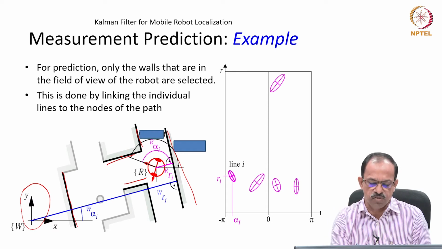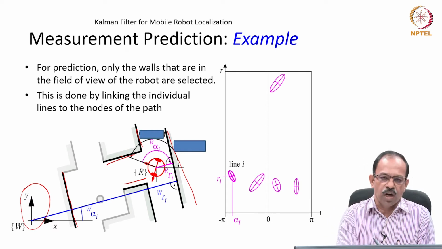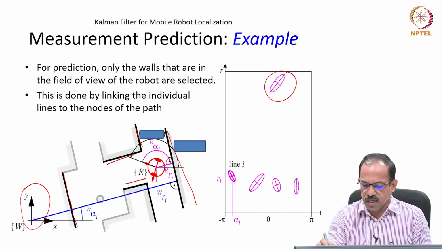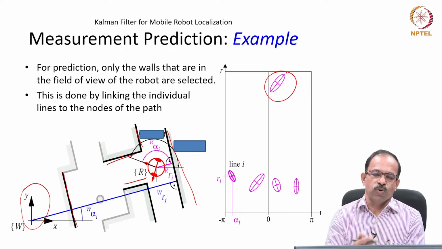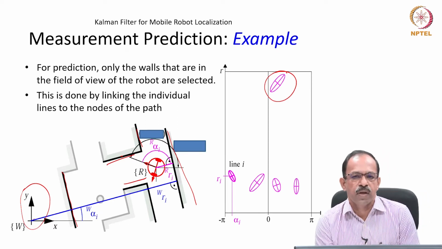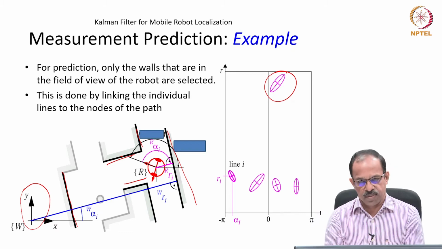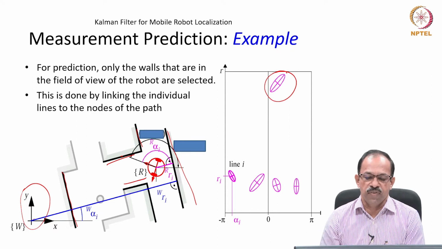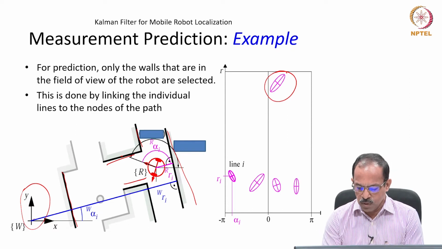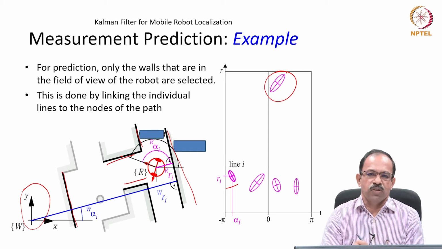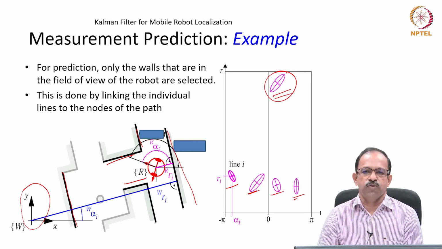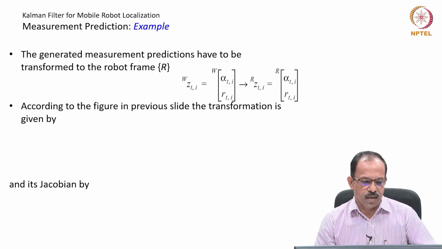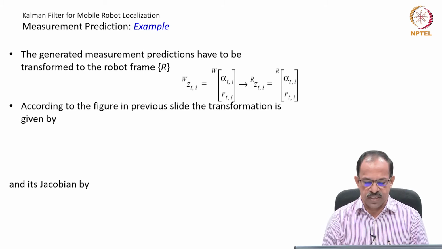If it was actually in this location, it should have been seeing this wall also. So, there is a feature here also. So, 1, 2, 3, 4, 5 features the robot is supposed to see, but it is seeing only 4 features using the sensor. Now, we will try to match each one of these features and see what the robot is actually seeing corresponding to each one, and check whether anything is seen. That is the stage where we do the matching.